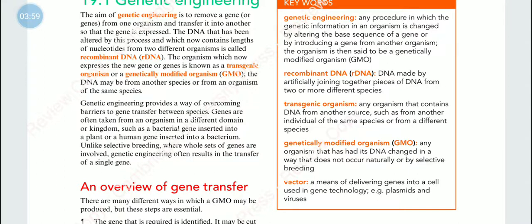For example, we can insert a human gene into a bacterium. That is how we produce insulin, by giving our genes to the bacteria. Genetic engineering is a result of the transfer of a single gene.